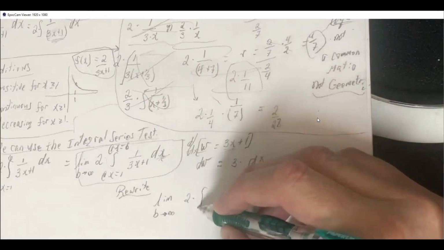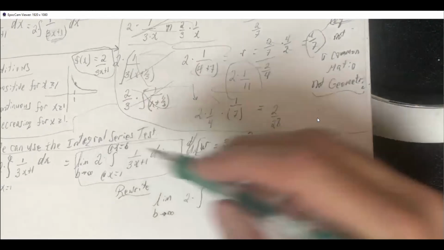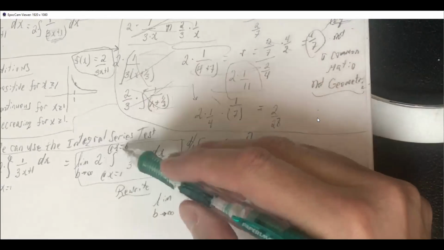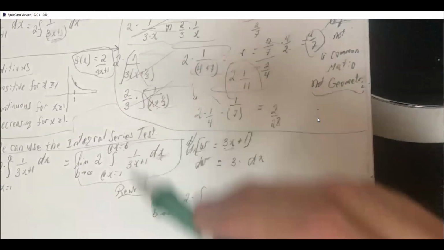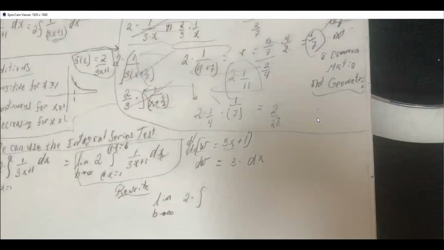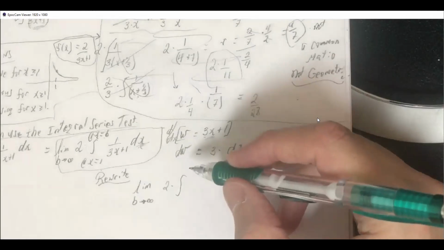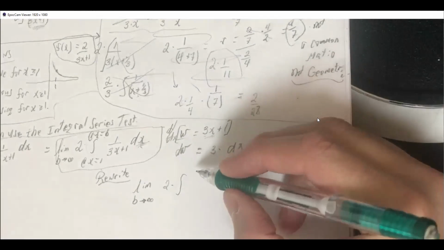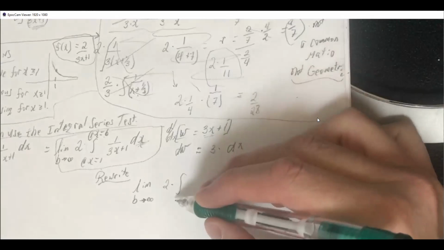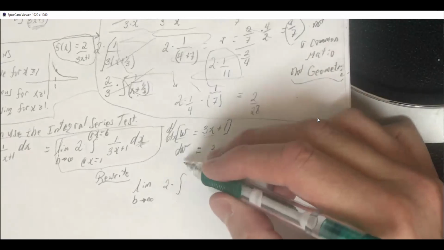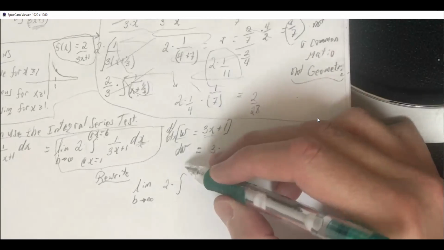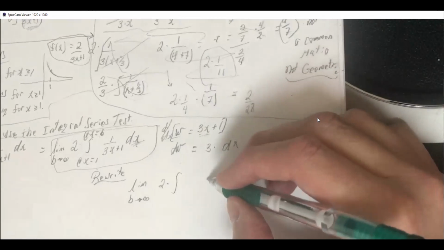So until we've anti-differentiated it and evaluated the upper limit and the lower limit, then we take the limit as the final step in determining the value of this improper integral. Technically, we're not supposed to write 1 here and a b right here because now it's with respect to a new letter.